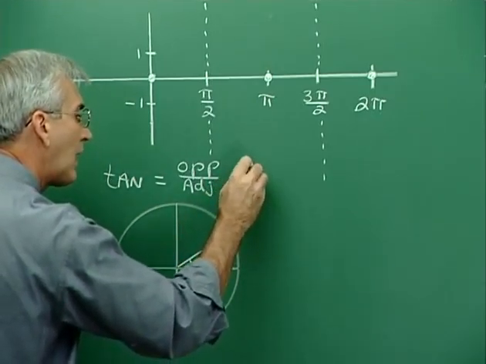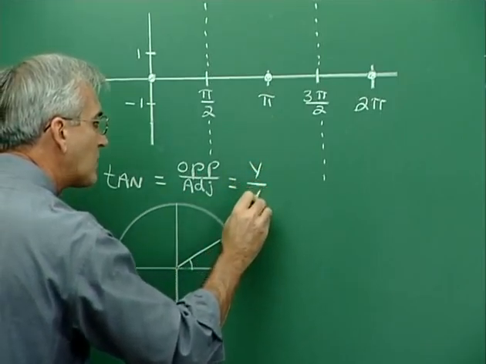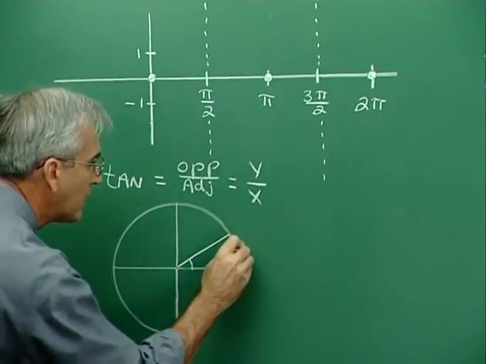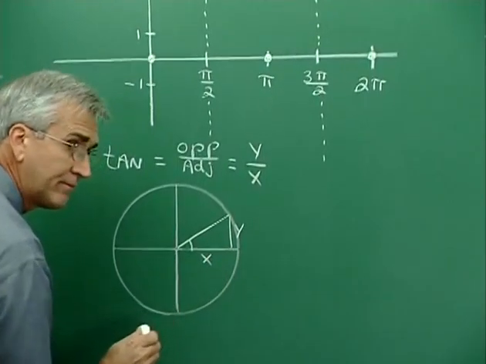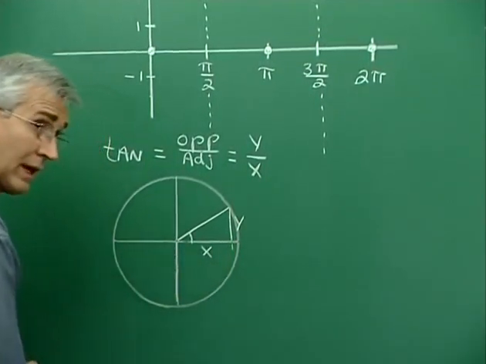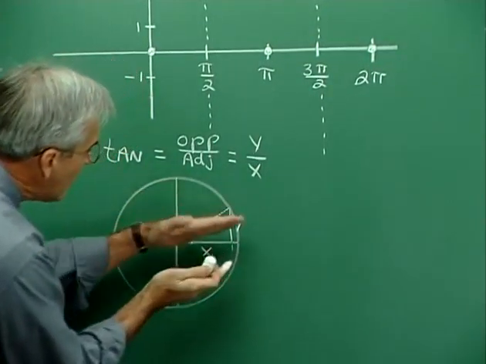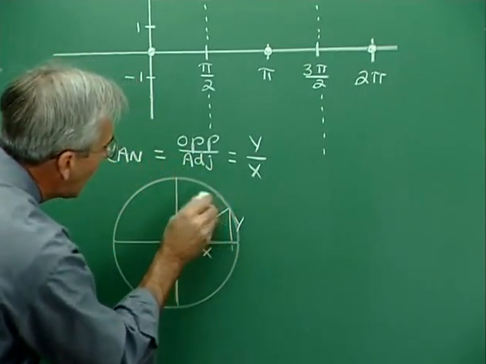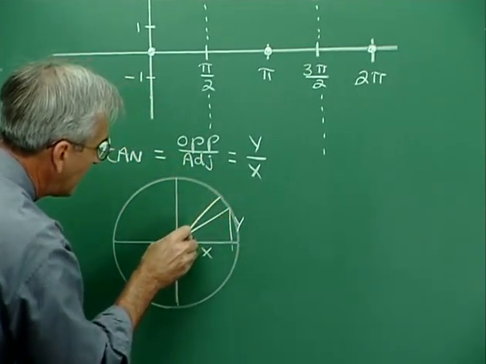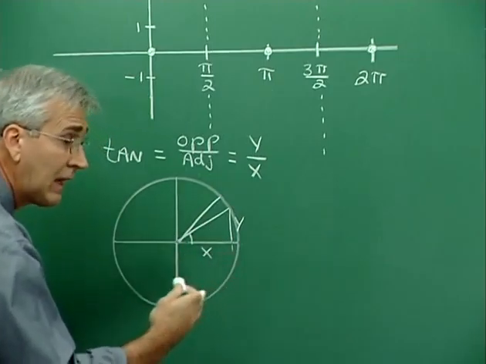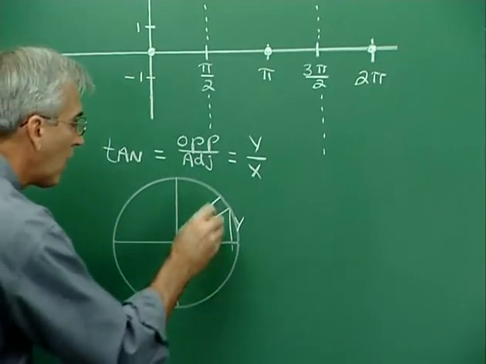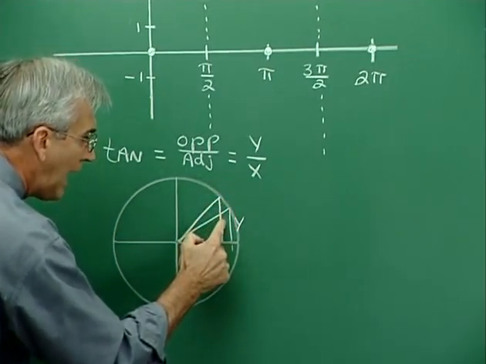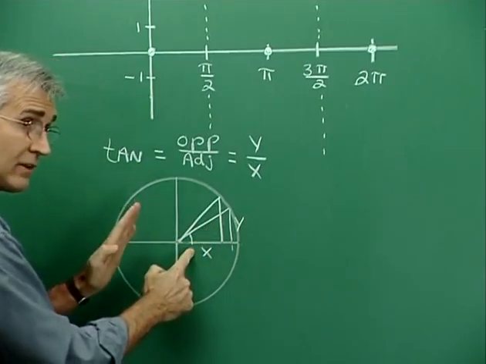And remember, we're just talking about a y over x idea here. This is the y, there's the x. And the x only goes up to right there. Okay, now, somewhere right in the middle here, roughly right here, for a 45-degree angle or an angle of pi over 4, in that circumstance, the y distance and the x distance are exactly the same.